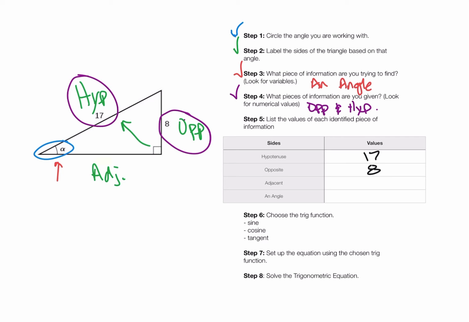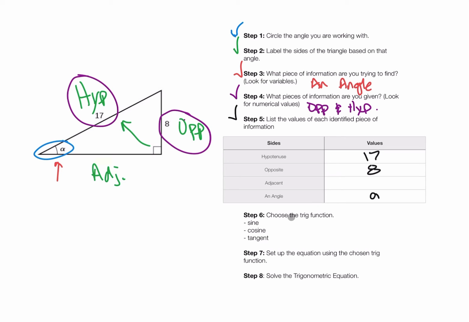And then the bottom box, an angle. We know something about one of our angles, and that it is the variable A. So I'll put the letter A here. Step 5 is complete. We've listed out the information we know. We know the value of the hypotenuse and opposite, and we know the angle is a variable. Again, adjacent, completely blank for us.